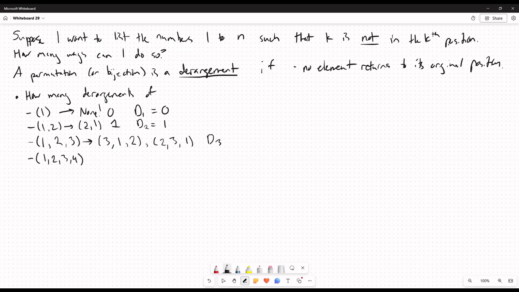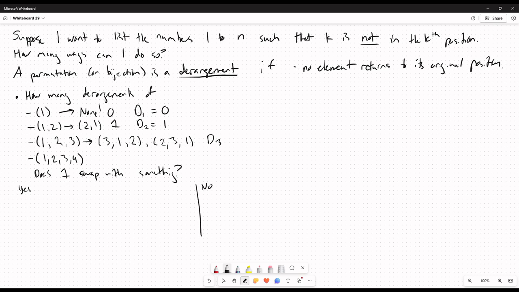For 4, it gets a lot harder, and we're going to break it into 2 cases. We're going to break it into the cases of: does 1 swap with something? If the answer is yes, then we'll break it up into one case, and if the answer is no, then we'll break it up into another case.